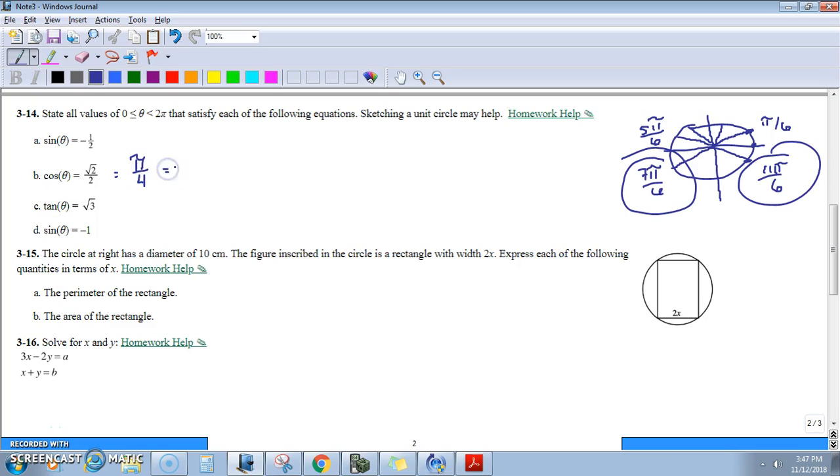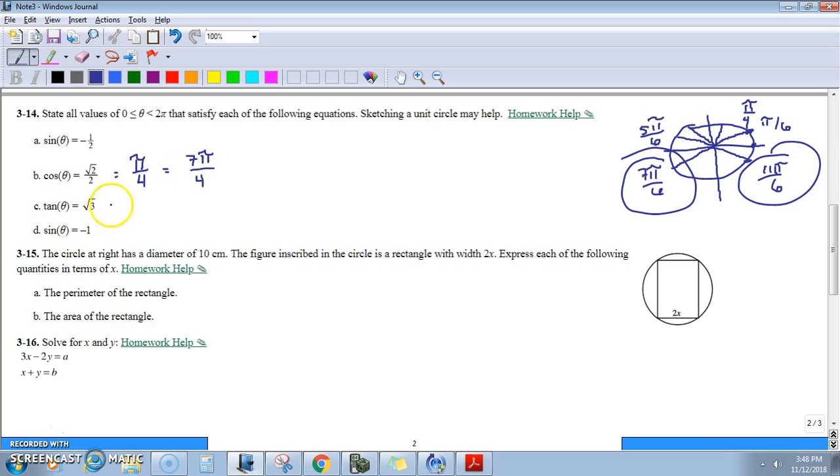But we're looking for the positive one, so where is x going to be positive? It's going to be pi over 4 in the original quadrant, and it's going to be almost to the end. So 1, 2, 3, 4, 5, 6, 7 pi over 4.